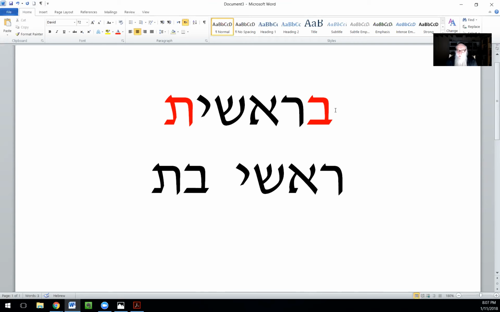The word Bereshit is parsed in 70 different ways in this book called the Tikunei Zohar. So there's 70 Tikunim. And of these 70 Tikunim, they all explain this word Bereshit, but with different permutations.